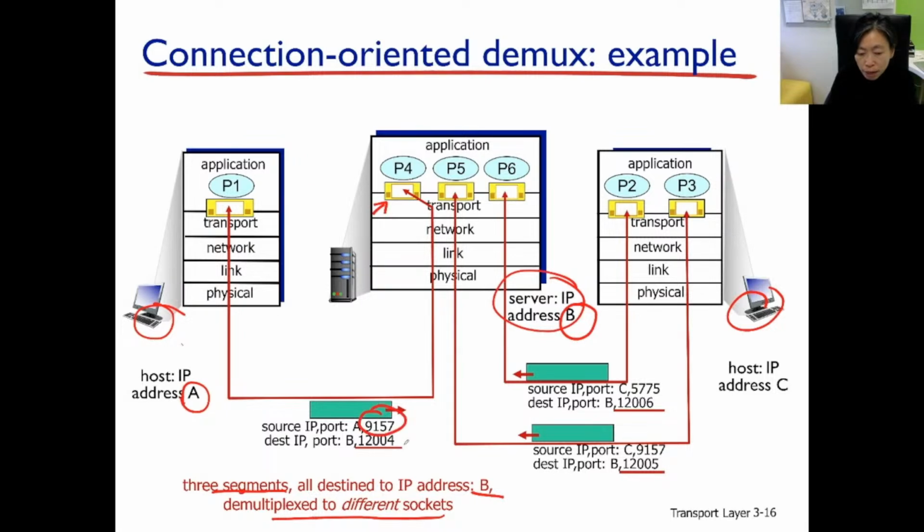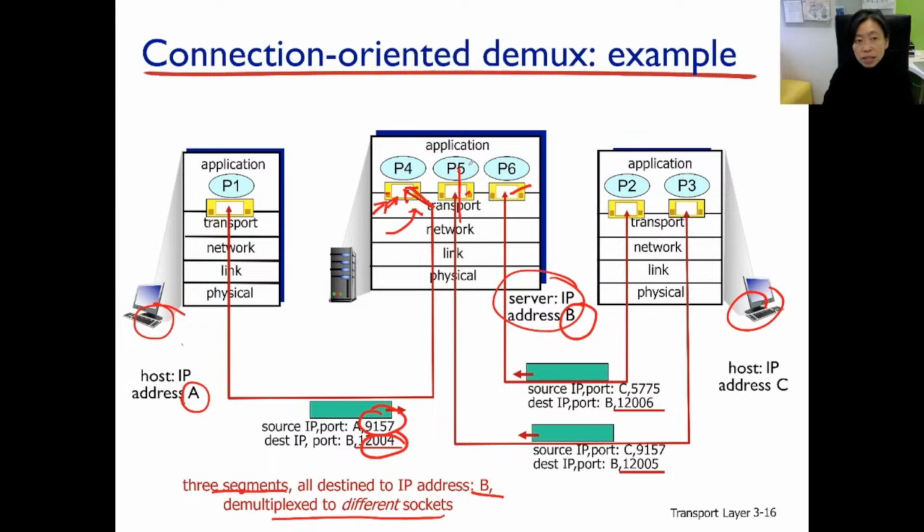Source port number and destination port number. So these four values are going to be associated with this socket. When a segment arrives at the transport layer matching the 4-tuple, it goes to that socket. Similarly, for each of the sockets, the 4-tuples are stored, and the transport layer looks at the packet header, and when there's a match, passes it up to the socket and to the process. So that's the idea behind connection-oriented demux.